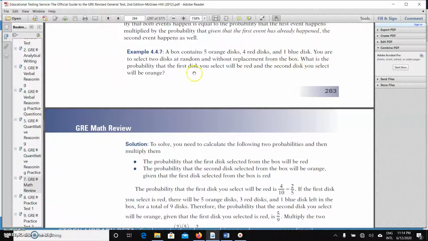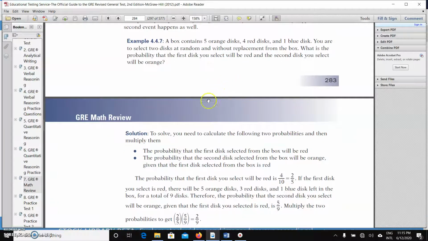From the box, what is the probability that the first disc you select will be red and the second disc you select will be orange? Now this is very vital and important. This "and" is a keyword. Without replacement is another keyword. So we are having 2 events taking place. You are picking discs twice. The first part is the first event.